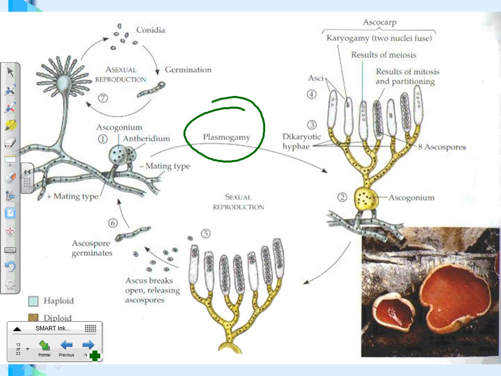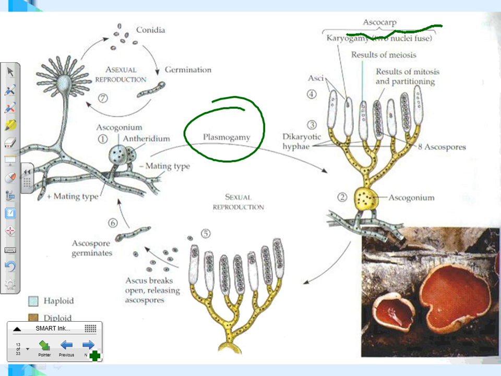Plasmogamy, fusion of cytoplasm. That gives us hyphae that are dikaryotic, which means they have what? Two nuclei, two haploid nuclei. That's what it's trying to show you in here. These cells have two nuclei. But eventually, those two nuclei fuse together.